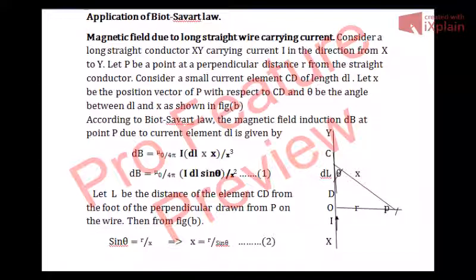We have a wire in which a current is flowing. Consider a long straight conductor XY carrying current I in the direction from X to Y. Let P be a point at a perpendicular distance r from the straight conductor.